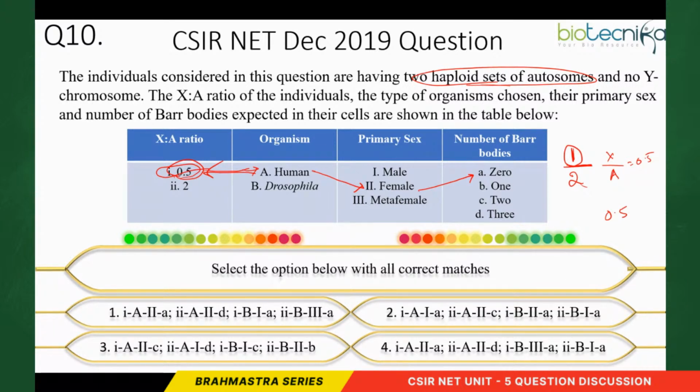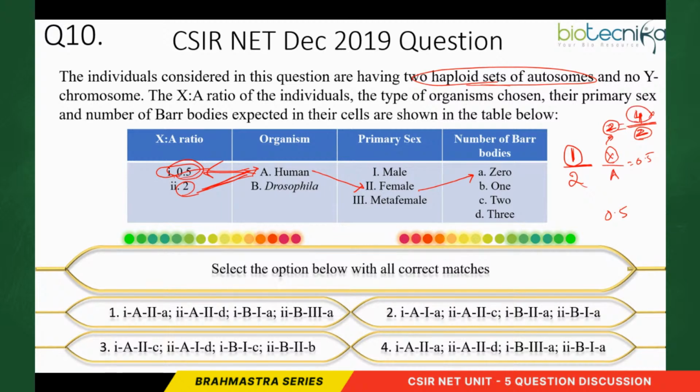Okay. But if you take ratio 2, now X by A ratio, if it has to be 2, so anyways, we have autosomes 2. So if we want the ratio to be 2, we should take a higher numerator. That means we should take 4. X should be 4. Then only if autosomes is 2, you will get the ratio 2. So if the ratio has to be 2 in humans, you need 4 X chromosomes.